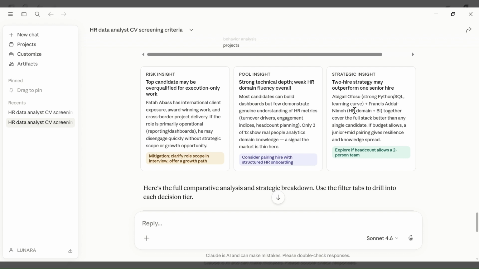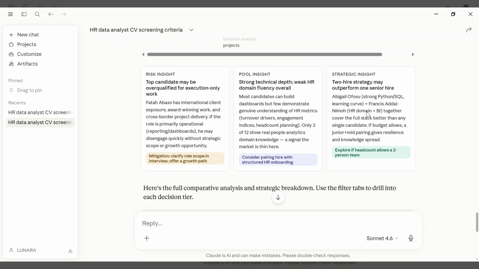Then it was also able to recommend what's suitable: instead of maybe hiring one person, if the budget is more, it is recommending that you hire two people, a top person and a junior subordinate, to work in that role.